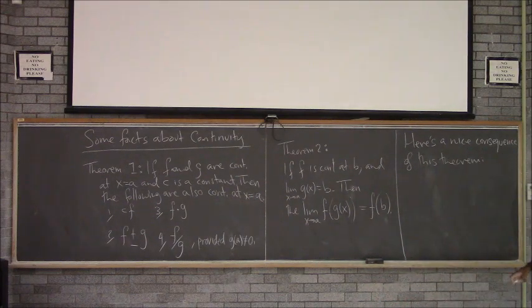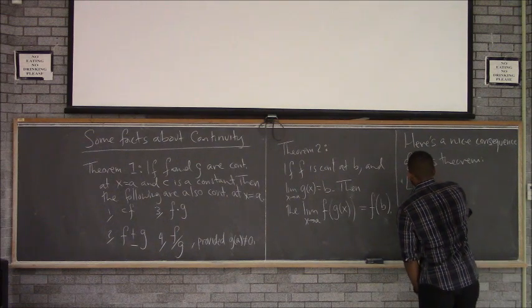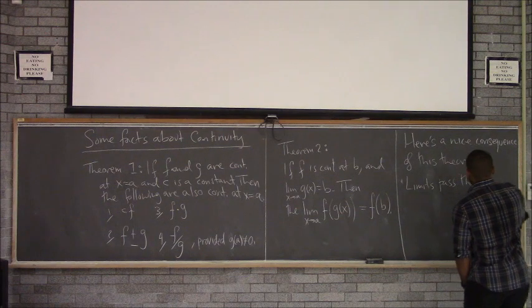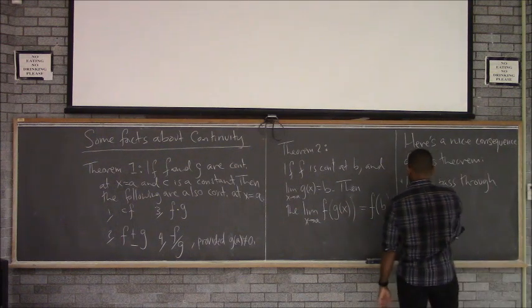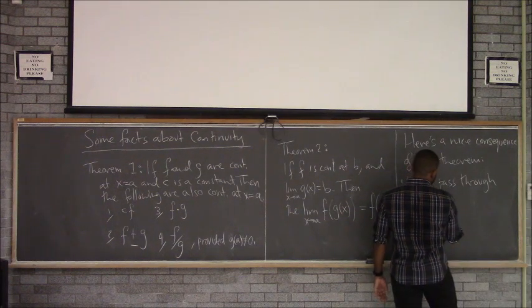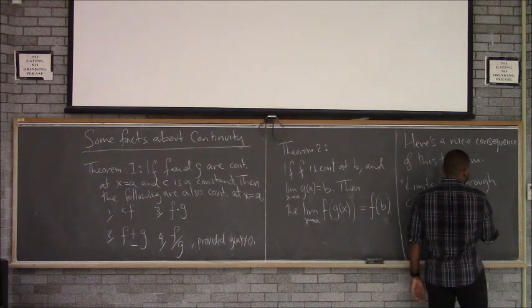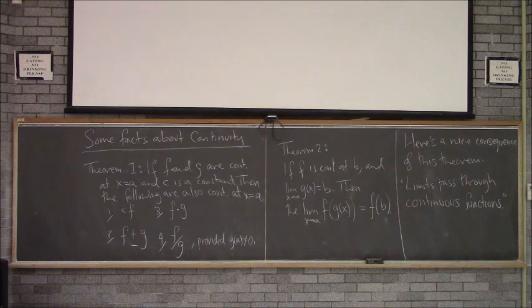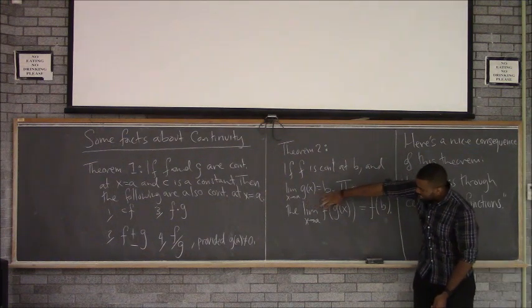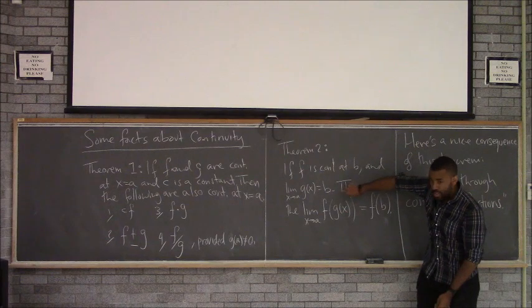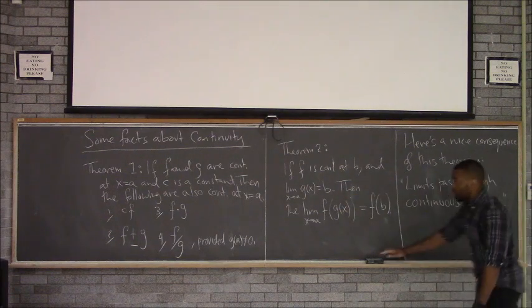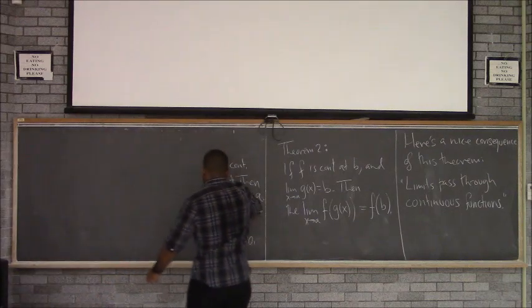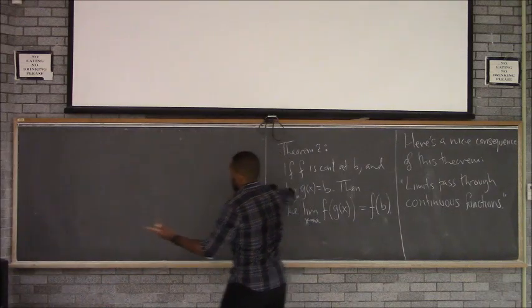Here's one way you can interpret this. Limits pass through continuous functions. What do I mean? You can take the limit and move it inside of a continuous function and operate inside the function. For example, and again, I'm just stating these as facts, but they're theorems.